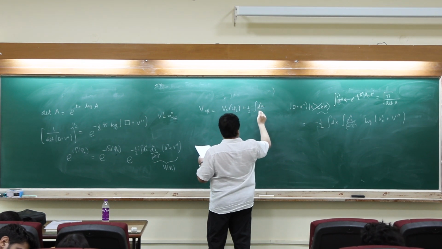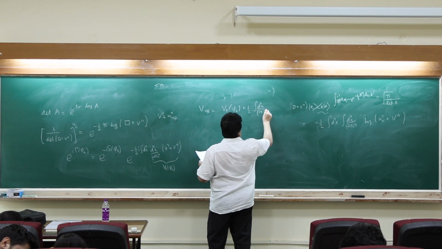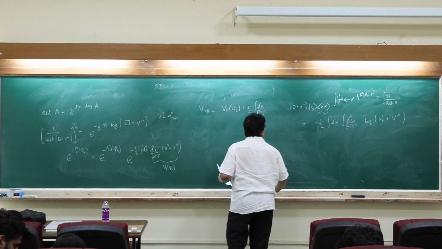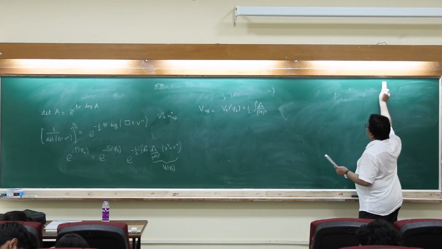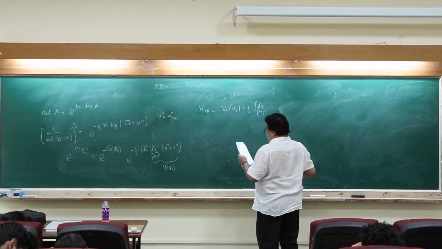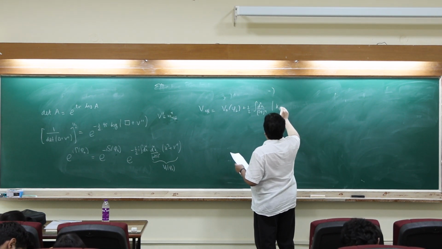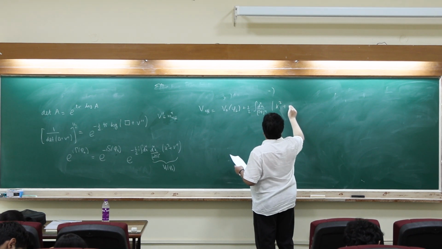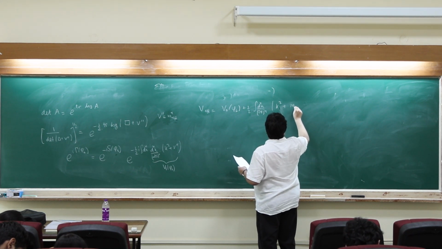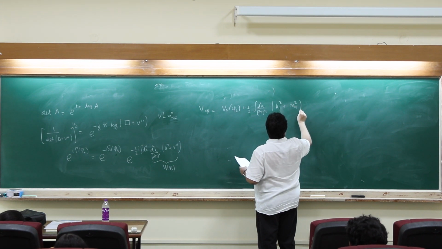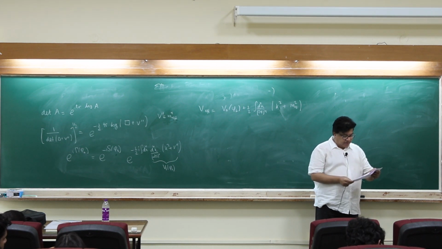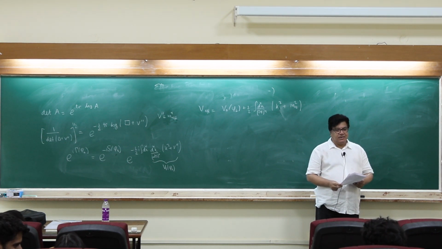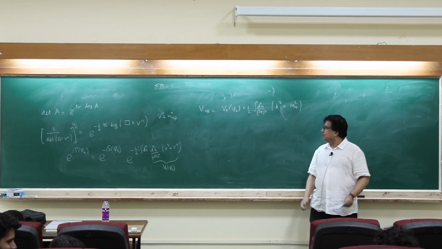So this k was still Euclidean. I will keep it like that because that is easier to calculate. And I will call it k squared plus m effective squared, or sometimes just write m because effective is too tedious to write all the time. Okay. So this is my effective one loop potential.